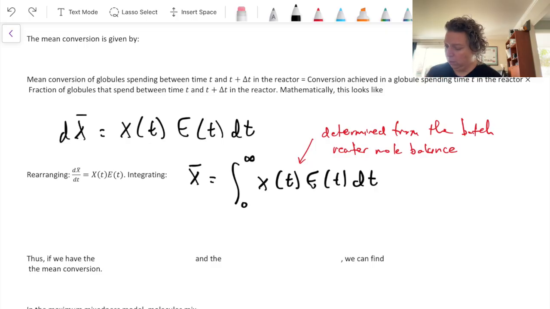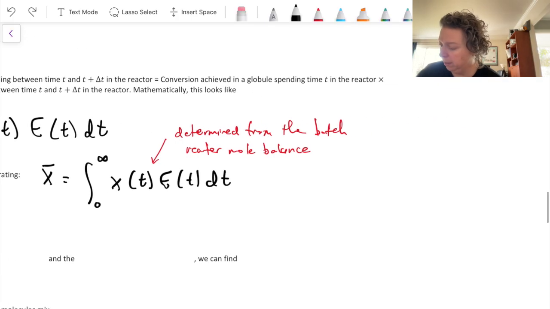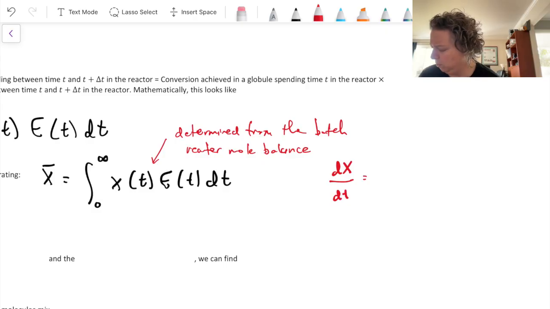Okay, so we know what the batch reactor mole balance is. The batch reactor mole balance is going to be dX/dt is equal to what? Minus r_A V over N_A0.